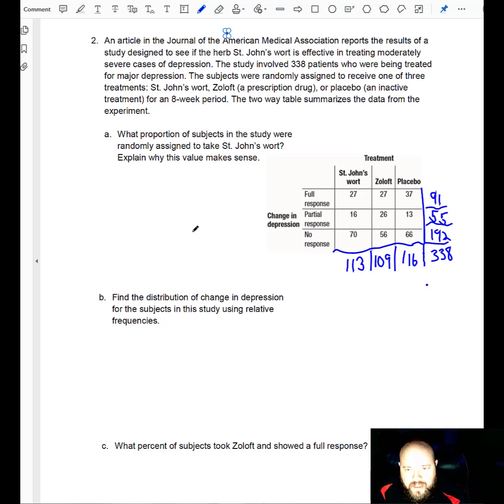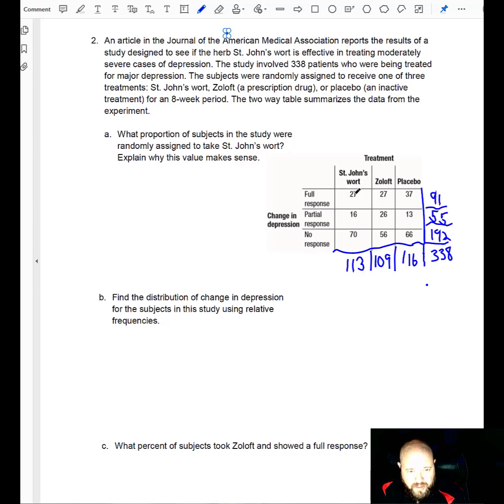So with this, now it's saying the proportion of St. John's wort. So we know that St. John's wort, well, they got a full response, a partial response, and no response. So we don't just use one of these values, because it just says St. John's wort, who used it treatment-wise.